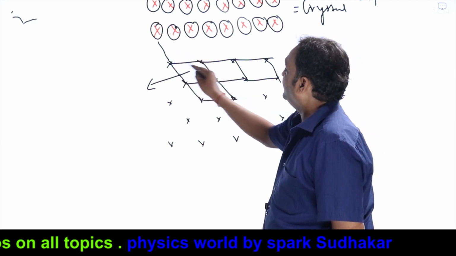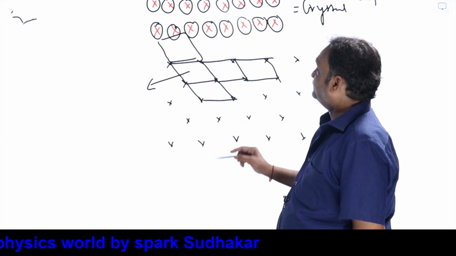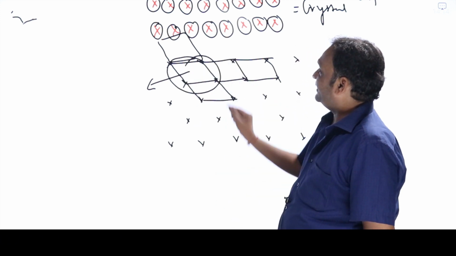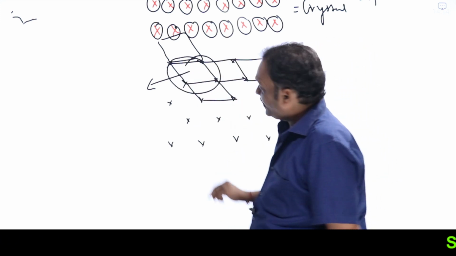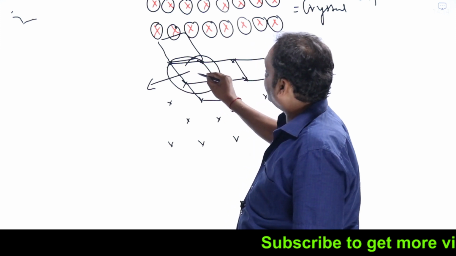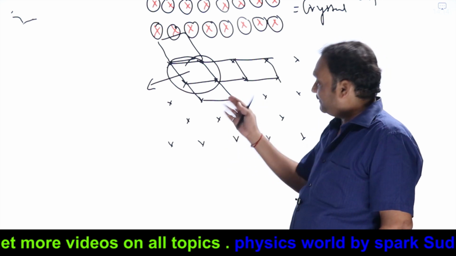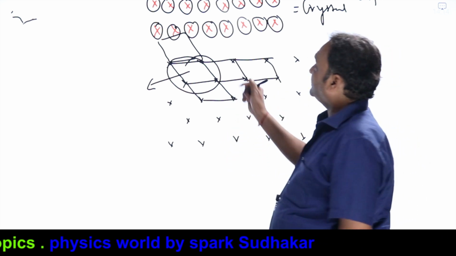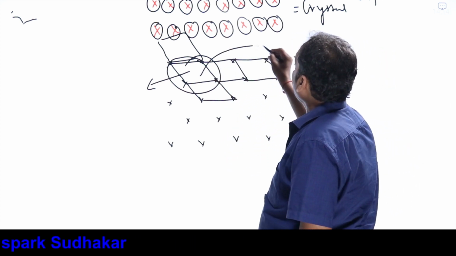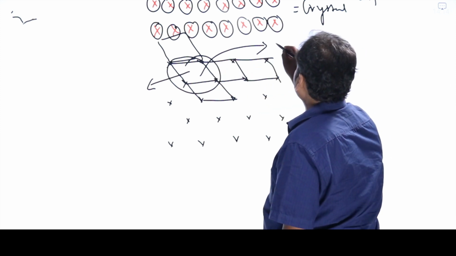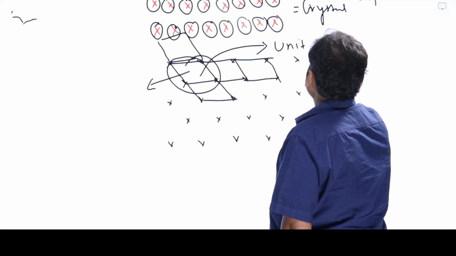It means you study this part of the lattice, it is sufficient. You understand the structure of this part of the lattice, and the remaining lattice is nothing but a repetition of it. The smallest representative unit whose regular repetition along the 3 dimensions gives the complete crystal is known as the unit cell.